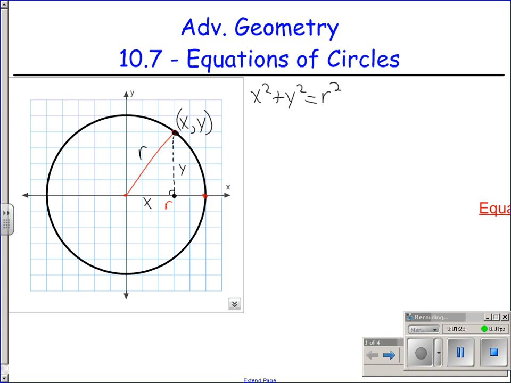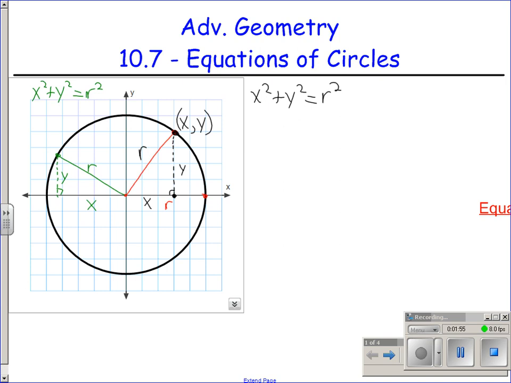Now, this works anywhere. If I draw a radius out to here, draw a perpendicular to the x-axis, still going a certain distance in the x direction, then a certain distance in the y direction, that's still the radius. And so it's still a right triangle. X squared plus y squared equals the hypotenuse squared. Just doing Pythagorean theorem. We can do this anywhere on the circle.